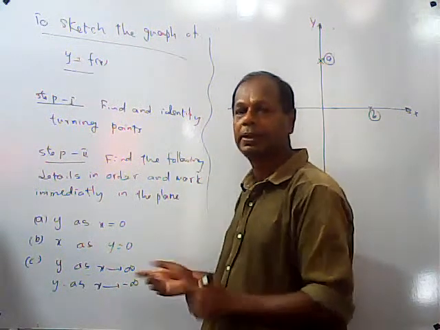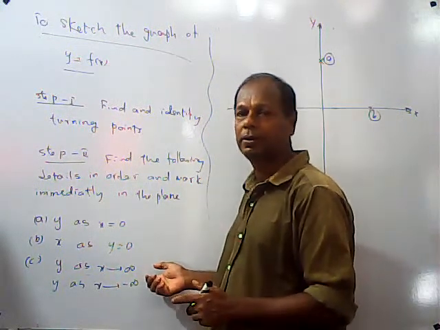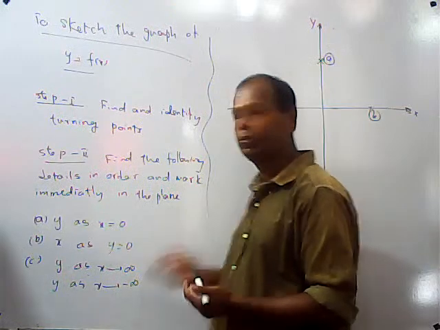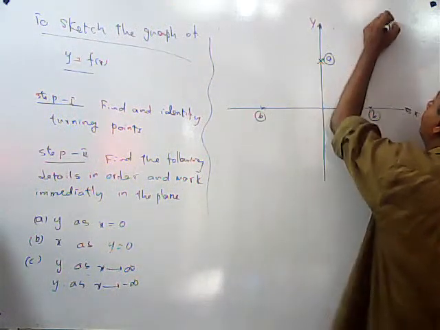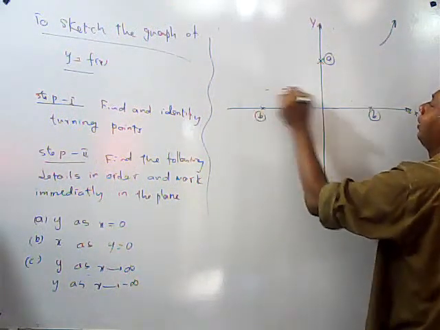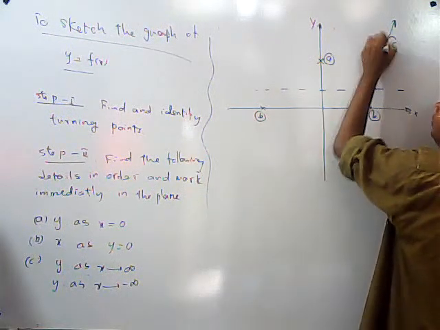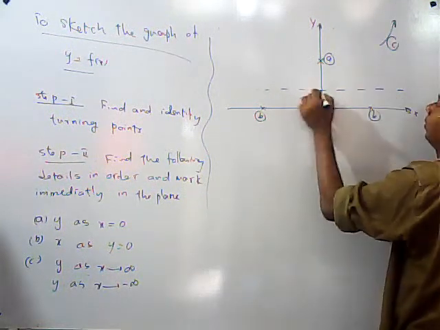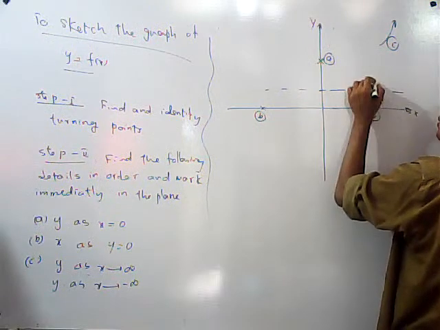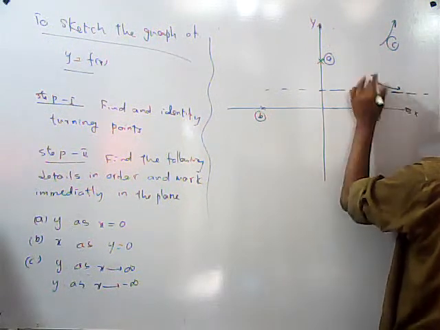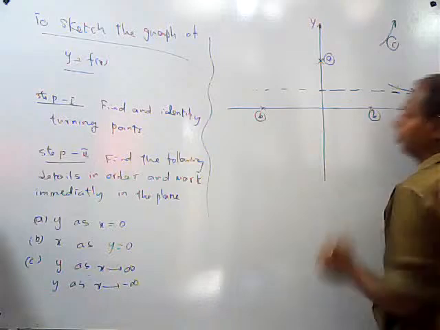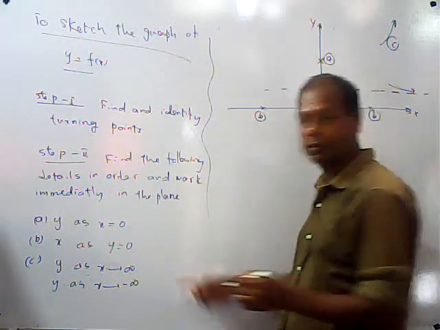This might give a horizontal asymptote, or y can be going to positive or negative infinity. We don't know. It can be going like this or giving a horizontal asymptote.